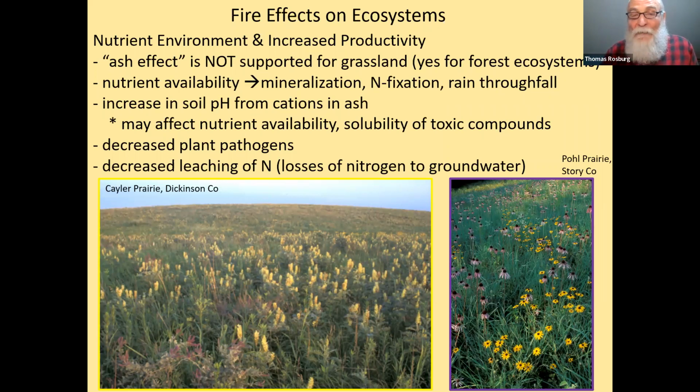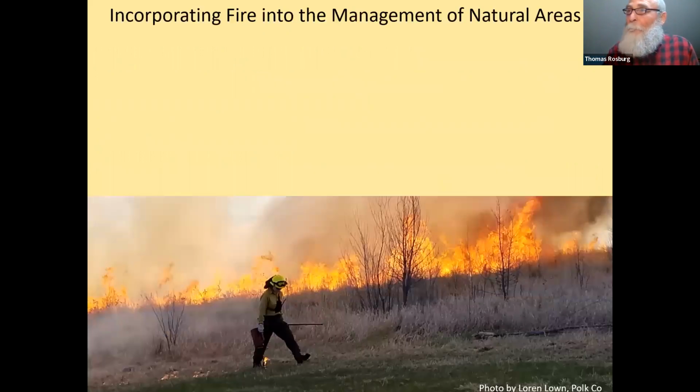And so that means less nitrogen sitting in the soil and potentially leaching to the groundwater, because plants are picking up all the nitrogen that they can. They're picking it up and retaining it in the ecosystem rather than letting it get leached. So fire can be very positive there.